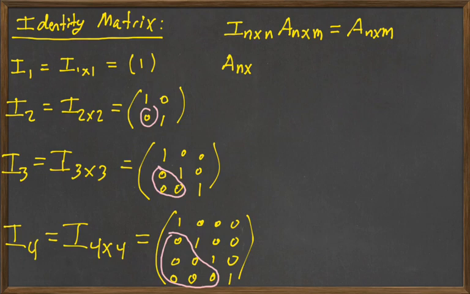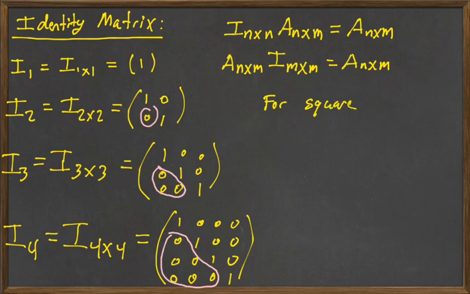Last thing I'm going to mention here is if I take the n by n identity matrix and multiply it by a matrix A of dimensions n by m, the columns match the rows, so we'll get that matrix A back. Okay, or if we take an n by m matrix and multiply it by the identity m by m, that's going to give us back that matrix n by m.